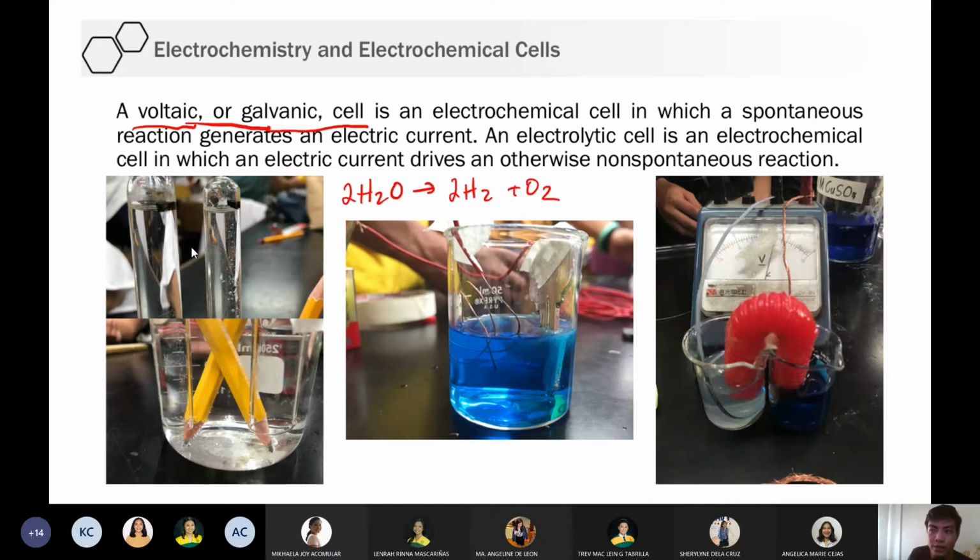We let this run for, I think, 2 hours, until we had collected a lot of hydrogen gas and oxygen gas.